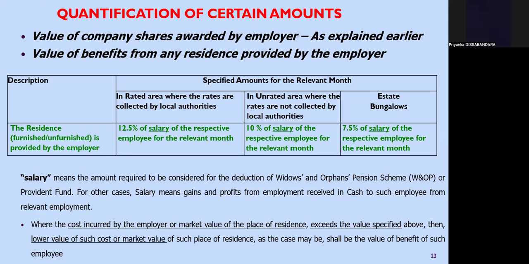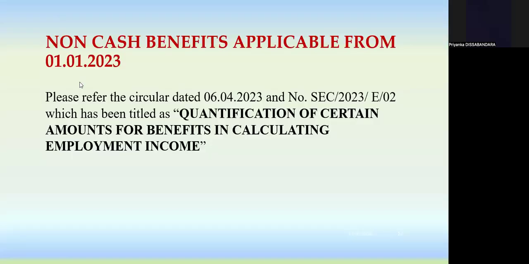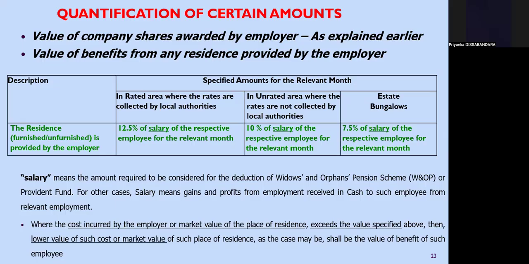So this is the circular we have already issued. We called it quantification of certain amounts for benefits in calculating employment income. The first item of this circular is the value of company shares awarded by the employer.